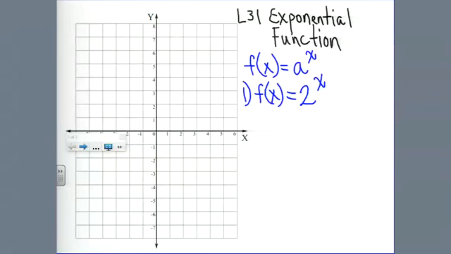How to graph this function: you draw your XY table, and since we're doing this by hand, pick 0, that's a good choice.